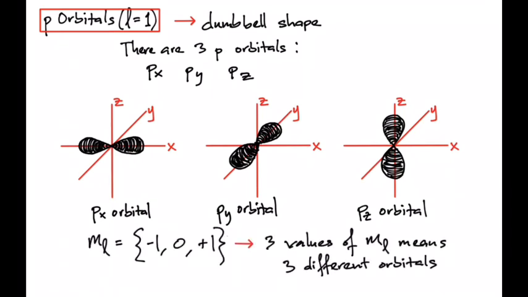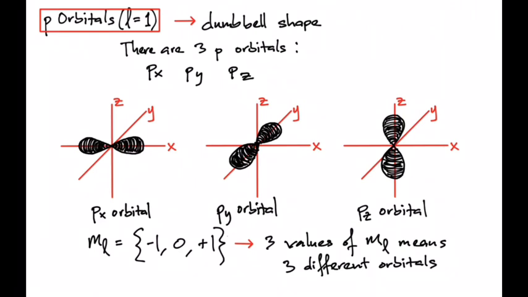The orientation of the orbitals is represented by the m sub L quantum number, which is the magnetic quantum number. If you were to determine the m sub L based on the L value, there are only 3 values for m sub L: -1, 0, and +1.